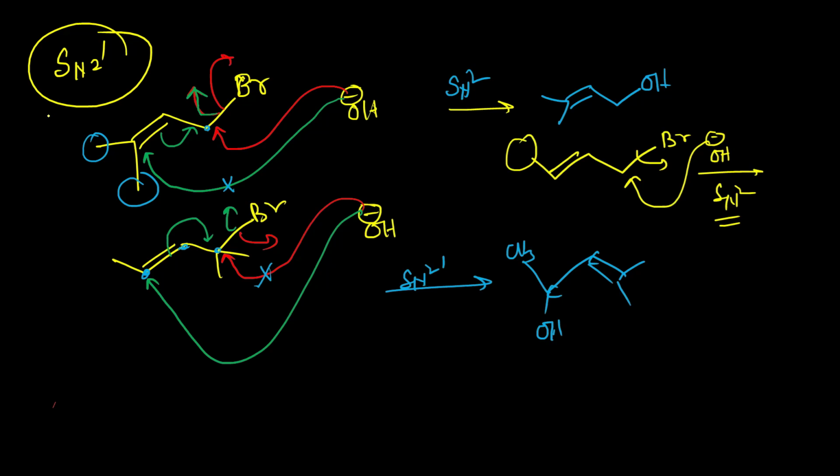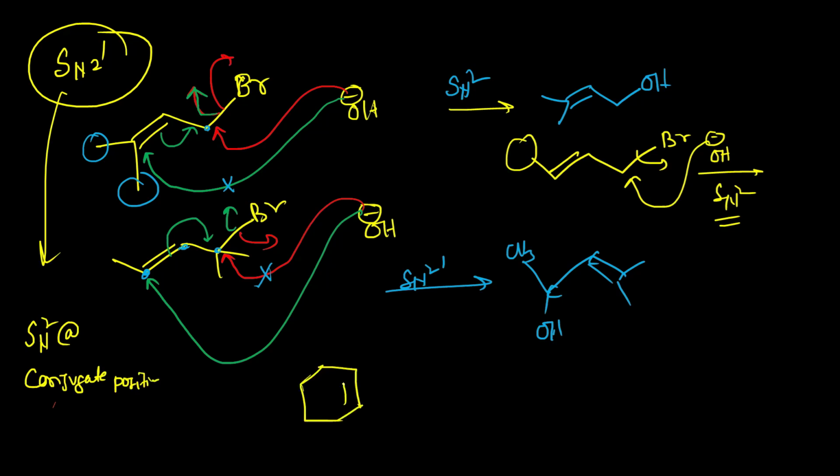So SN2 dash is basically SN2 at the conjugate position. Conjugate position means, for example, I have this double bond with O. For example, a nucleophile, Nu minus, is going to attack.